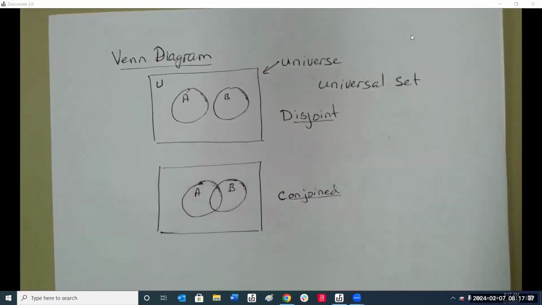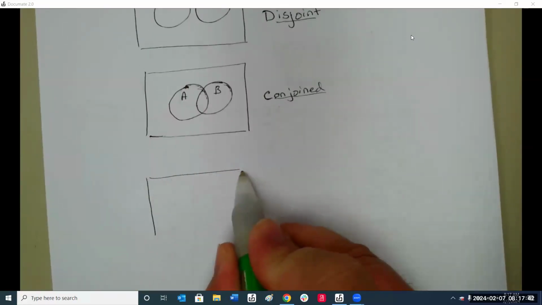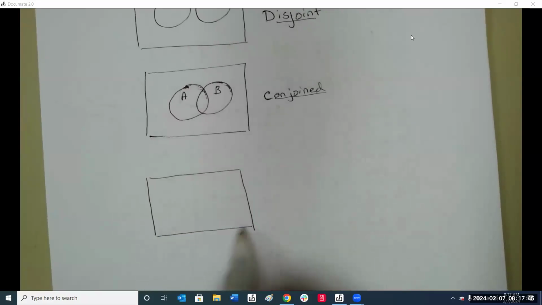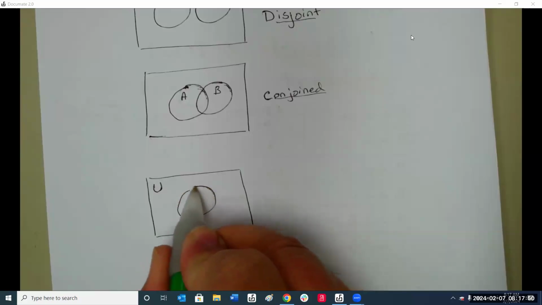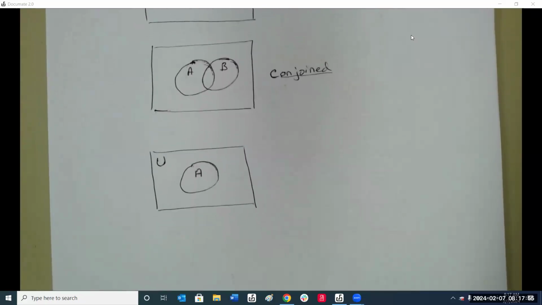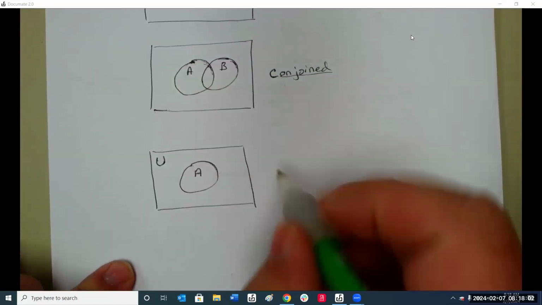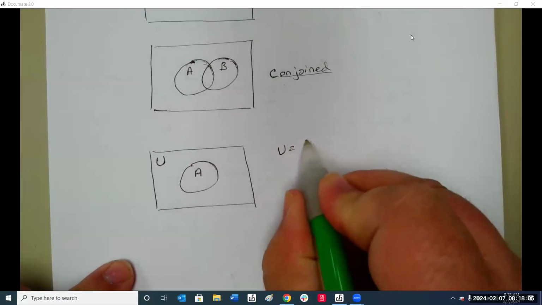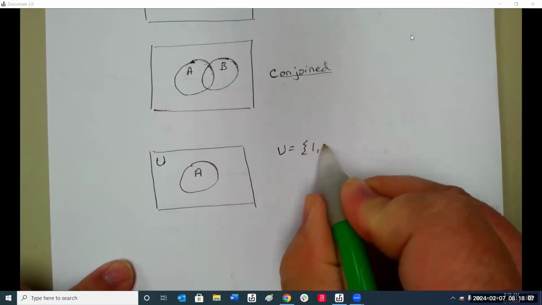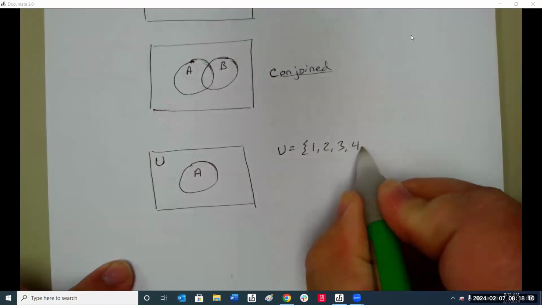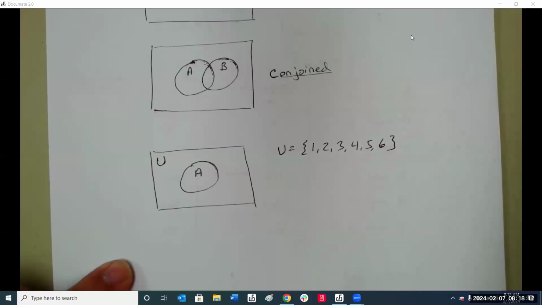Now, in a Venn diagram, we have two things to consider. You have the elements in the set you're looking at. Let's pretend that the universe consists of the numbers 1, 2, 3, 4, 5, 6.